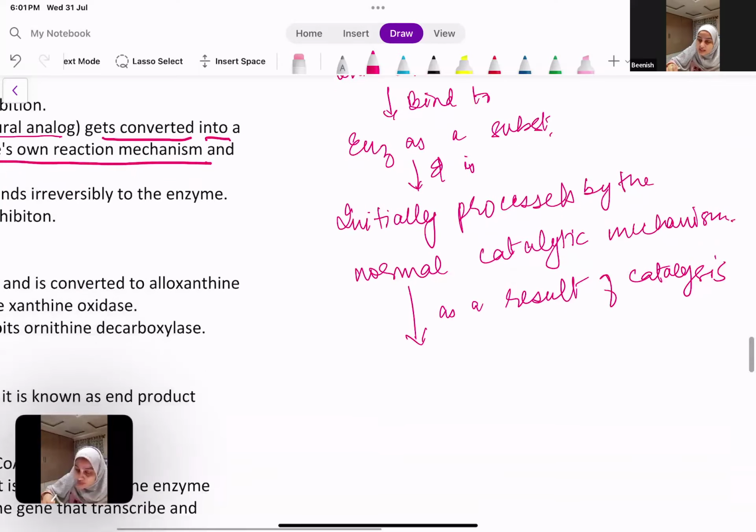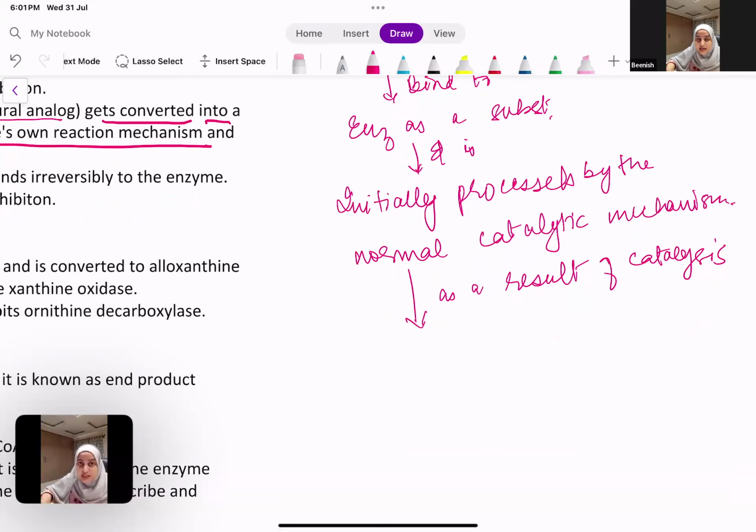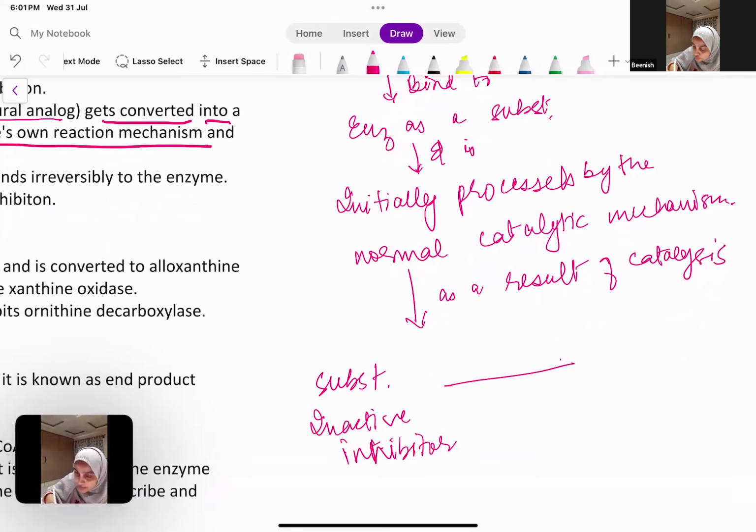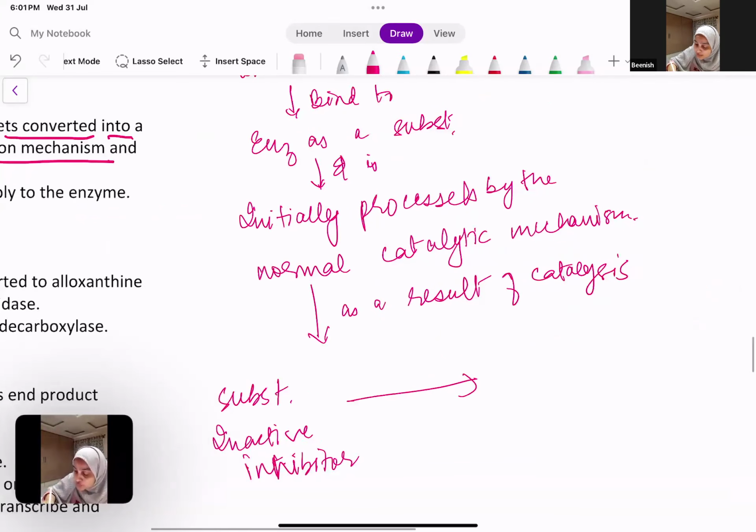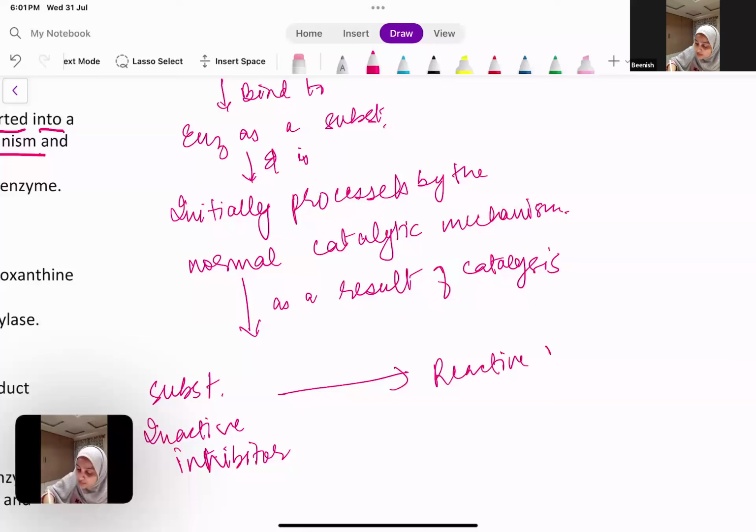As a result of this catalysis, after being processed by the enzyme's own mechanism, what is going to happen? This inhibitor, which was inactive, is going to be converted into a reactive intermediate that inactivates the enzyme.